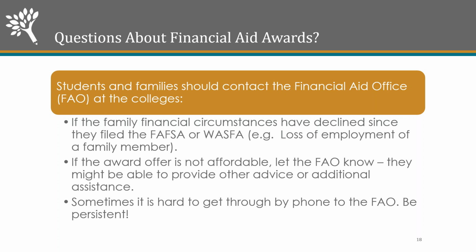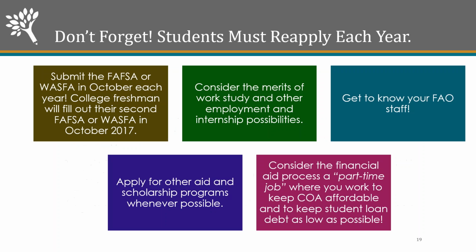It's great to get to know these people because you're going to be filing the FAFSA or WASFA every single year that you go to college. And so in October, if you're a senior right now in high school, you're going to be applying for your sophomore year of college financial aid. And these are the people who are going to support you in that process. So again, don't forget, you have to reapply every single year.